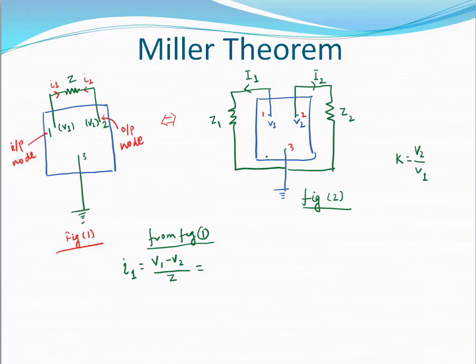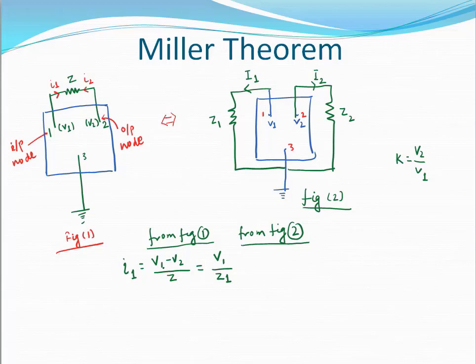and from figure 2, this I1 is equal to V1 by Z1, because the third terminal is the grounded one. So we can write it here, V1 by Z1.